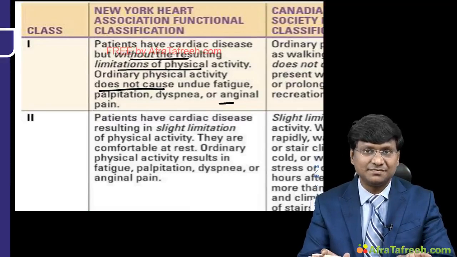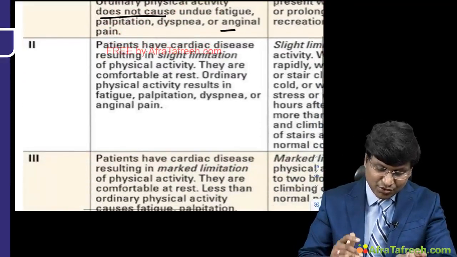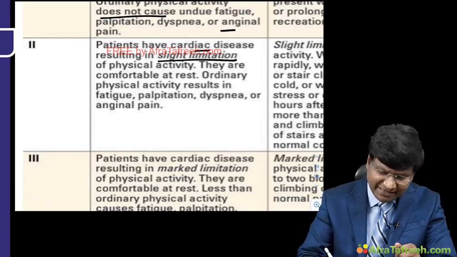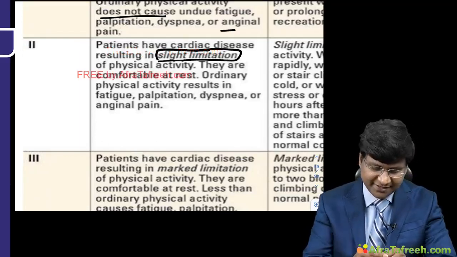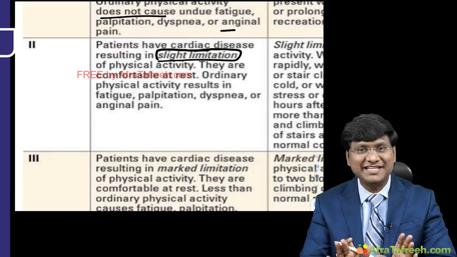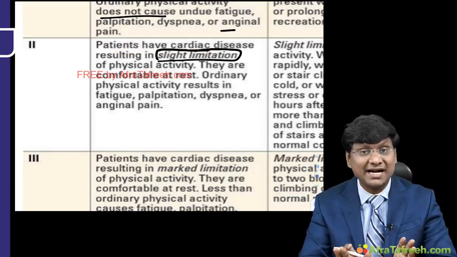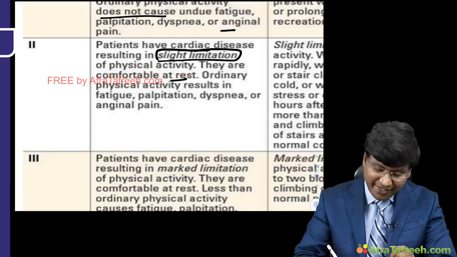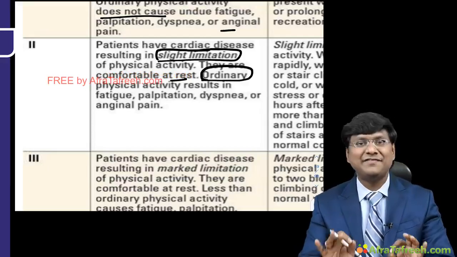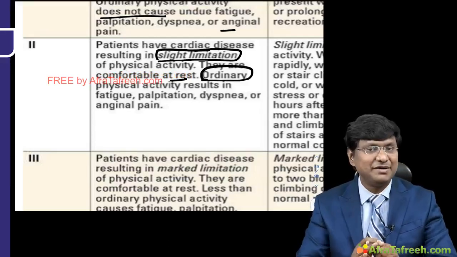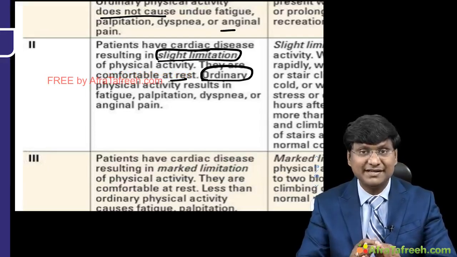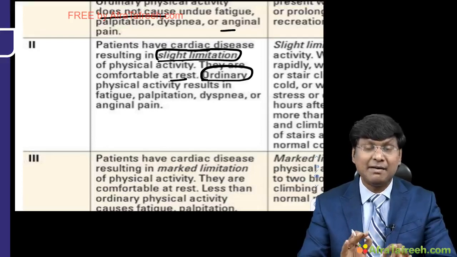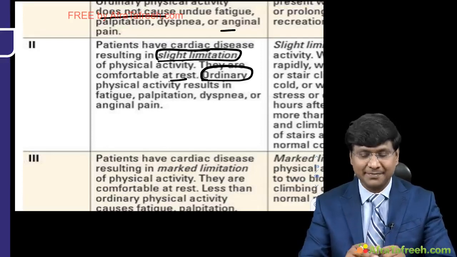That is class 1. Whereas class 2, they have the cardiac disease, but there is slight limitation of the physical activity, right? That means these patients are comfortable at rest, but when they do any ordinary physical activity, then there will be development of dyspnea, palpitation, fatigue as well as angina.